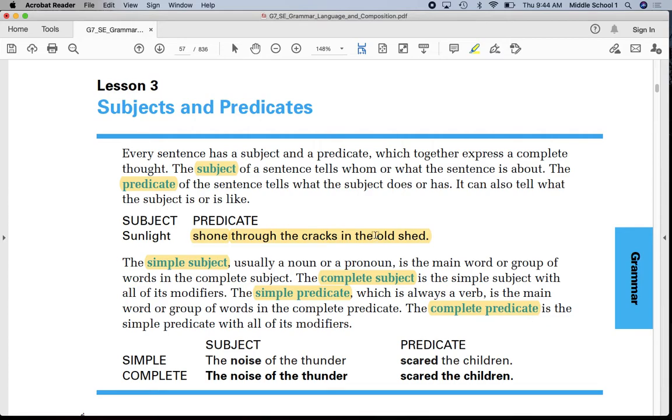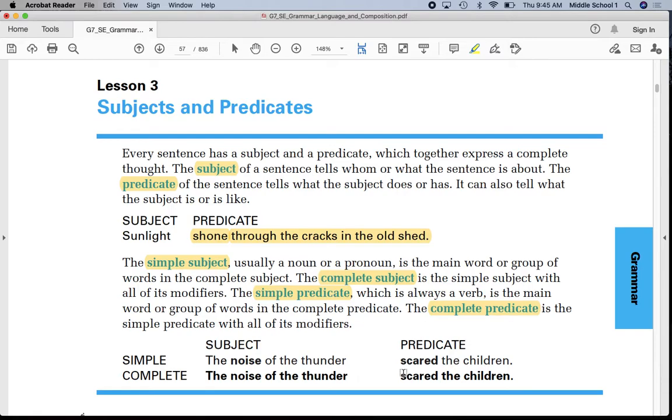We'll go through a bunch of examples, and I think you'll catch on. I think you'll see how this works. The noise of the thunder scared the children. Highlighted for us in bold print is noise, simple subject, scared, simple predicate.